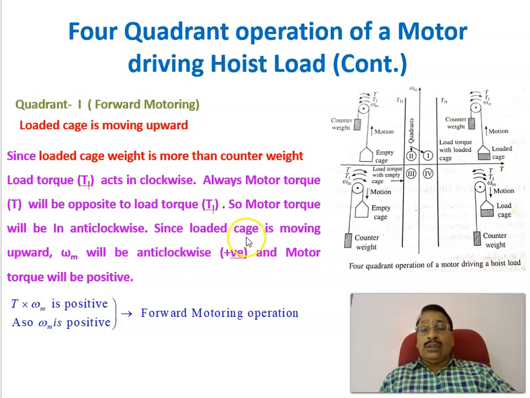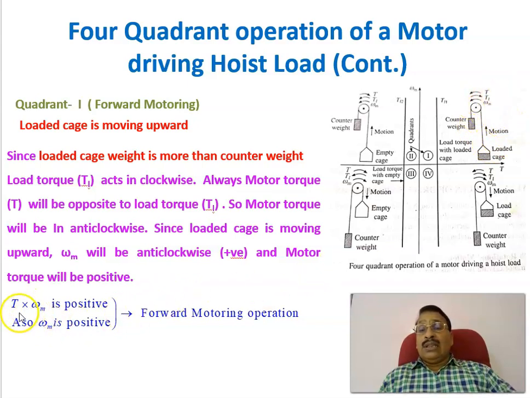And since the loaded cage is moving upward, omega m will be in the anti-clockwise direction. That is also positive, meaning that both the torque produced by the motor and omega m are positive, both in the anti-clockwise direction.